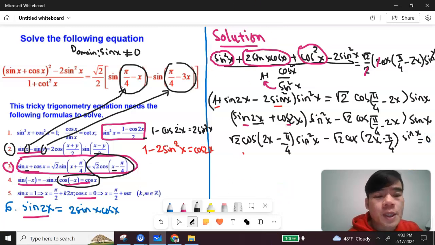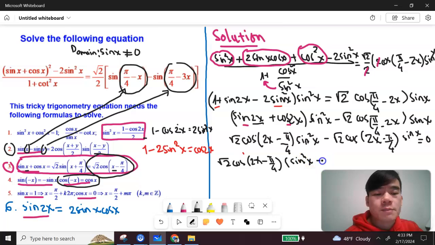Alright, now I need to factor. The first one, I just factor out root 2 cosine of 2s minus pi over 4. And then I have what?